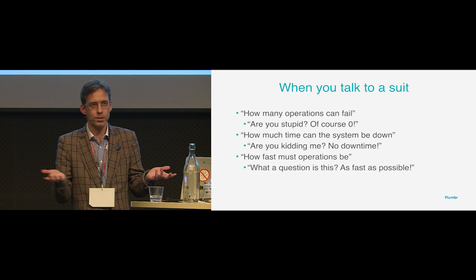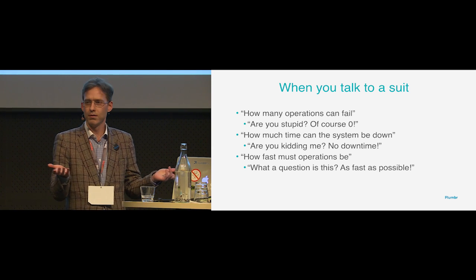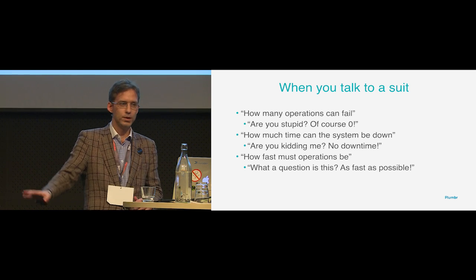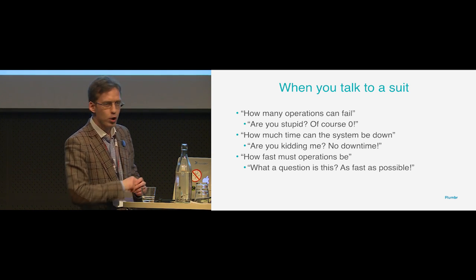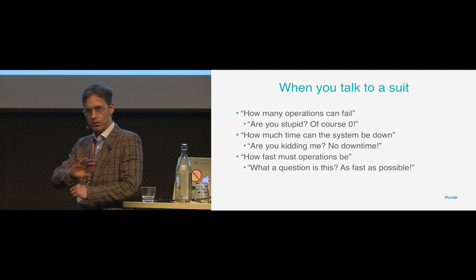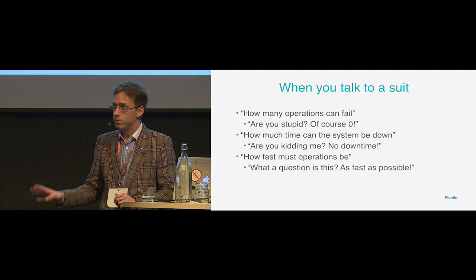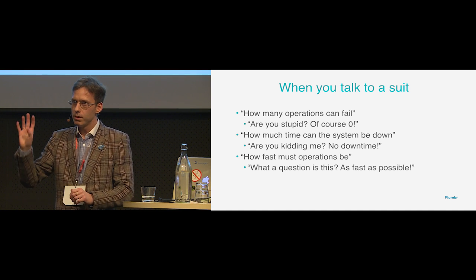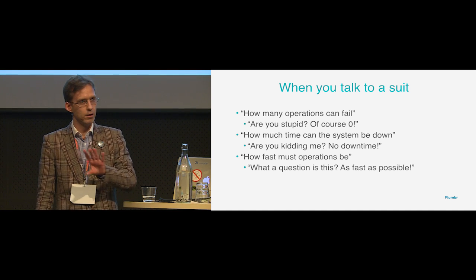Of course, the business people will tell you, stupid. Of course, 0. No problems. All problems should be solved. No downtime. 0 downtime, because that affects our business. Please build some 0 downtime deployment mechanism. Perfect failover.